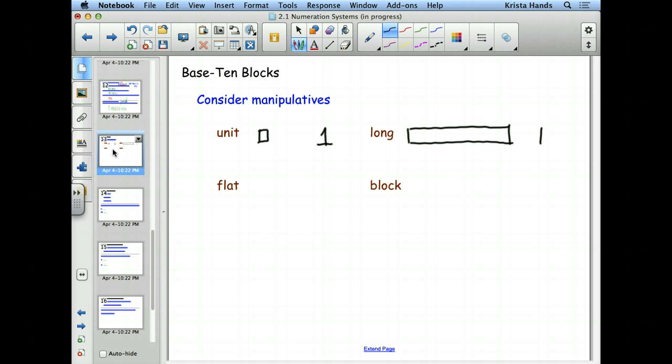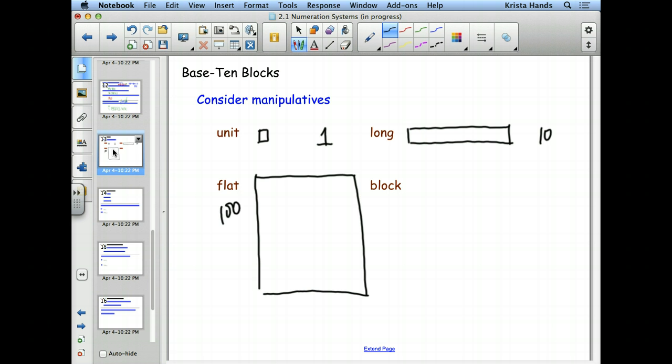This one has a value of 10, because there's 10 of the small blocks stuck together. A flat actually looks like 10 of the long bars stuck together. Okay? And so if you have 10 of the longs stuck together, and a long is 10 of the units, there's 100 here, correct.